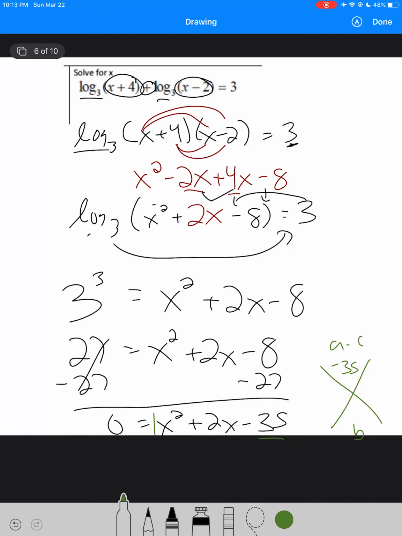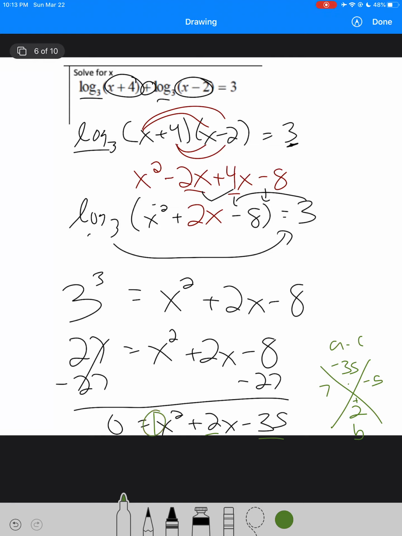Multiply that, you get negative 35. B at the bottom is 2. What two numbers multiply to give us negative 35 and add up to give us 2? It's going to be 7 and negative 5. 7 times negative 5 is negative 35. 7 plus negative 5 is 2.